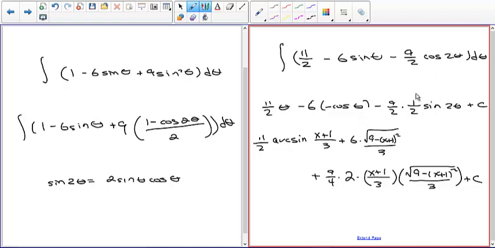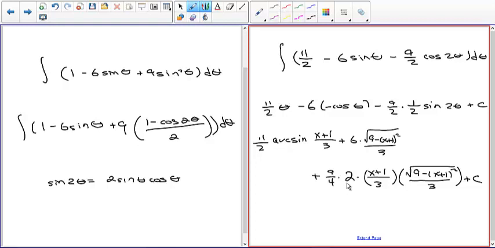This you divide by a half because of this. Theta is the arcsine, yeah, that's right. Negative 6 times negative, that's right. Cosine theta is that. 9 halves times a half is 9 fourths.